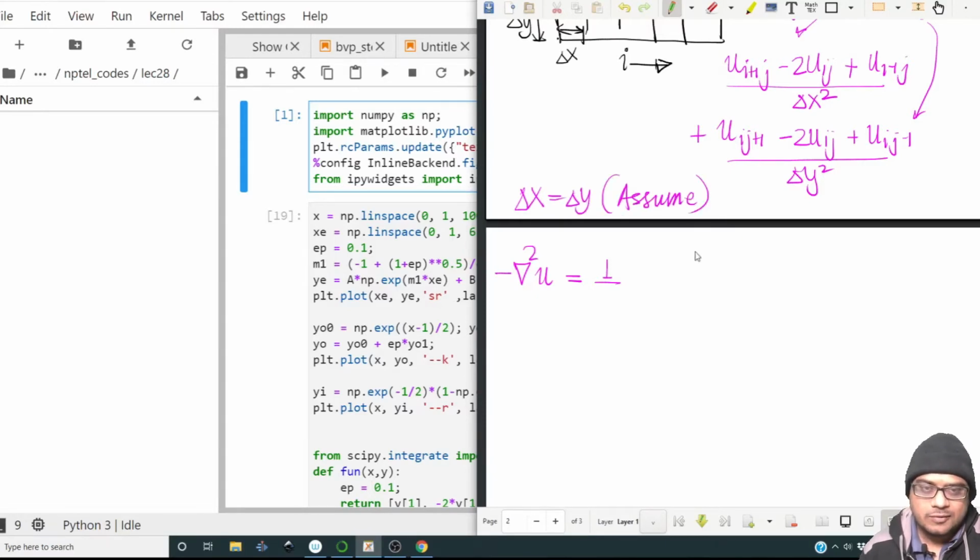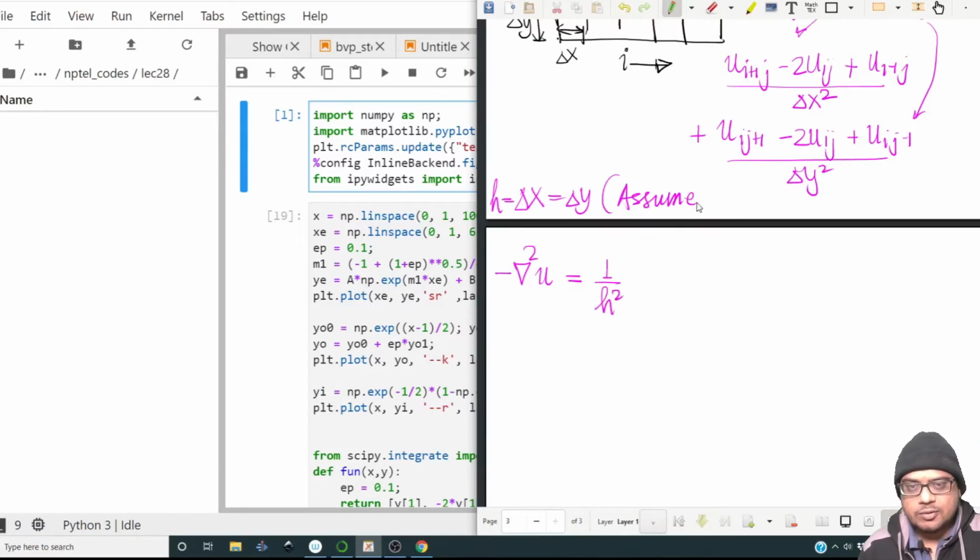It's not a very bad assumption, and if they are different, you can easily modify whatever I'm going to show without much difficulty. But for now, it serves our purpose. So let us assume that it is equal to h.